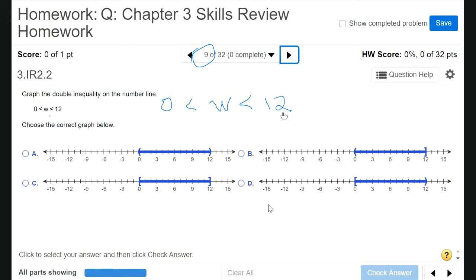Now, because there's no lines under the arrows, notice these arrows do not have lines. That means that we're going to use parentheses instead of brackets. So when you have this or this, you're going to use parentheses.